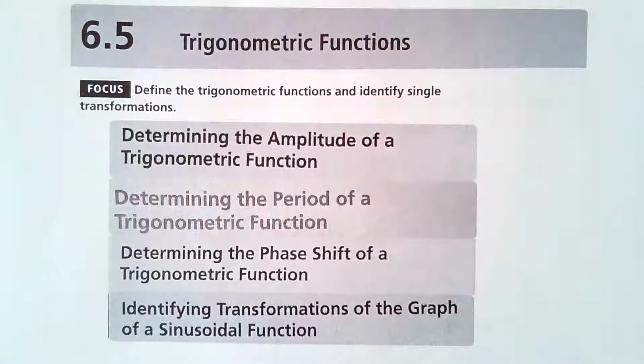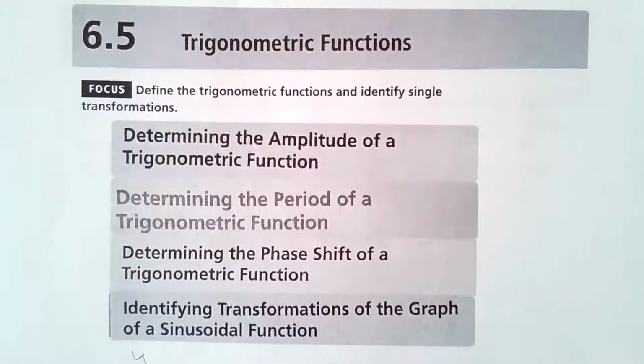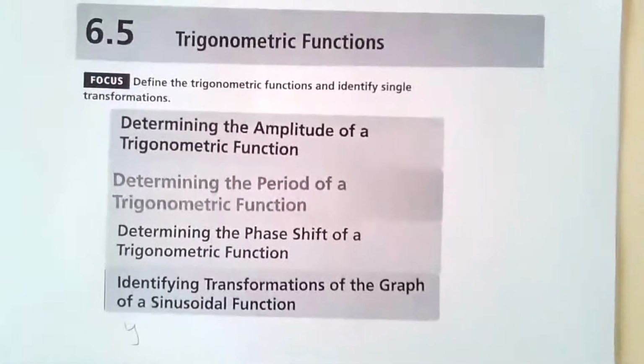Essentially, we're looking at the amplitude, the horizontal stretch or compression, the horizontal translation, and we'll add today the vertical translation. In the previous lesson, we looked at the general equation.